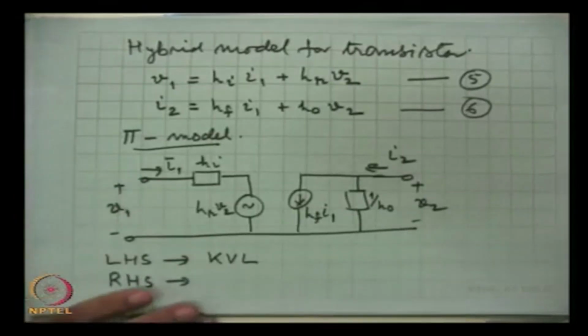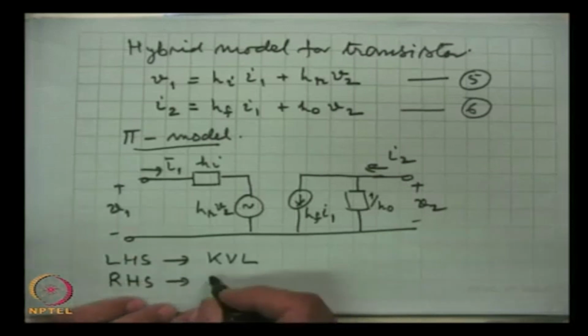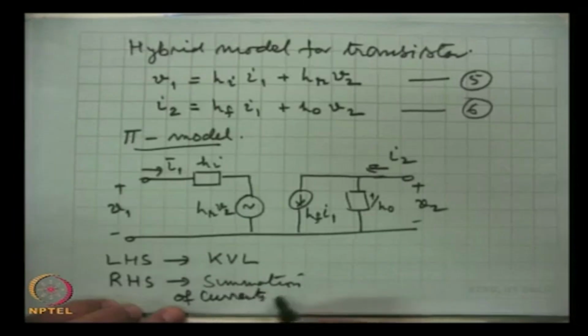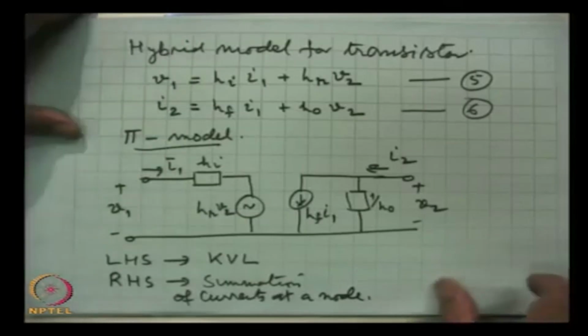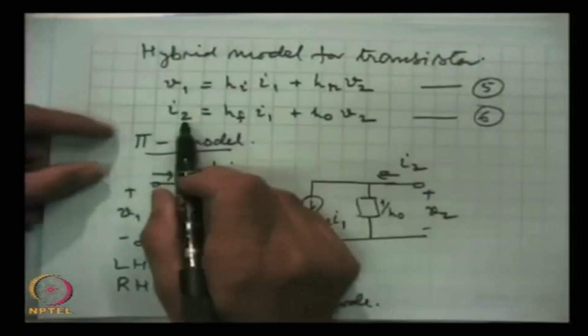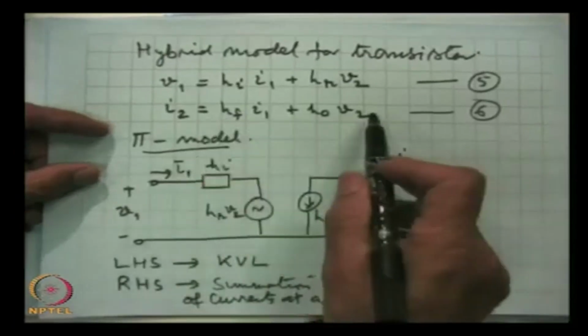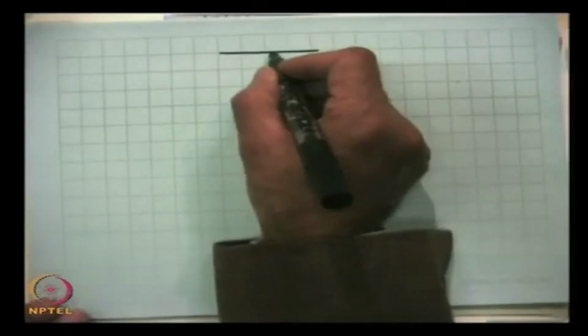So, the left hand side gives you equation 5, and the right hand side is the summation of currents at a node. Let us elaborate this point, how we get equation 6. The right hand side represents equation 6, so let us consider just the right hand side and a node.